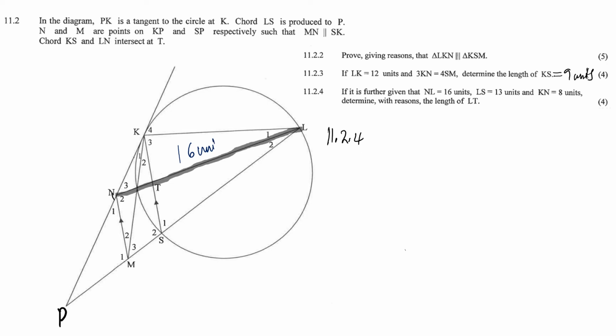And we are also given that LS, which is this side, let me use a different color for this, LS is 13 units. This one must be in black. Let's just say 16 units here.